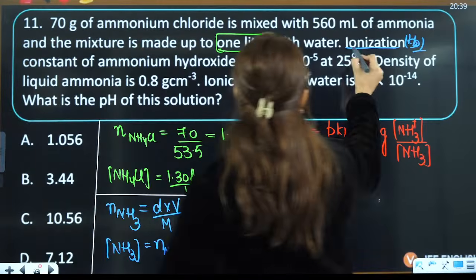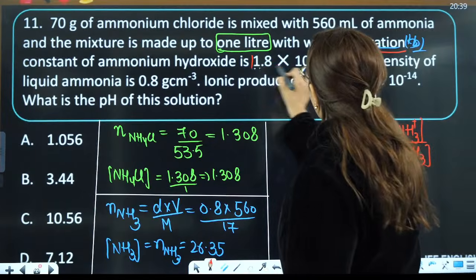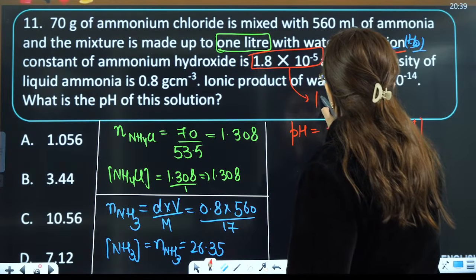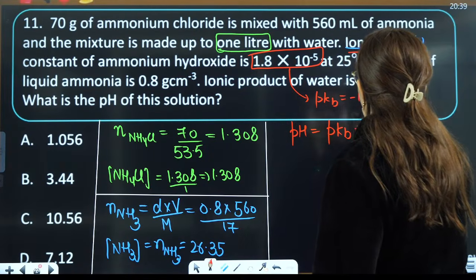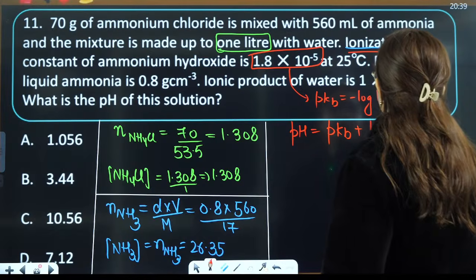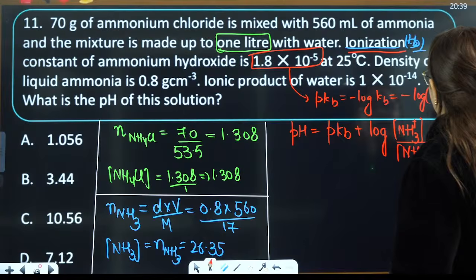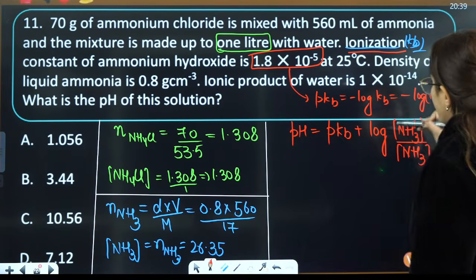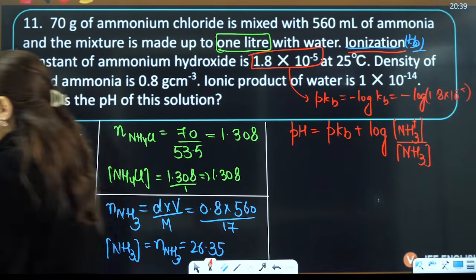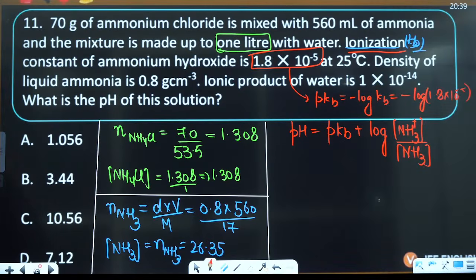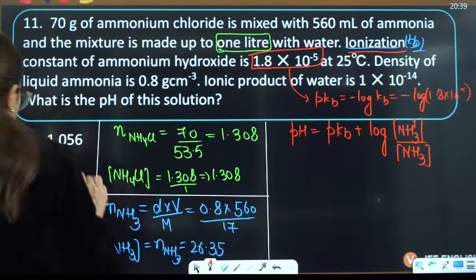See, Kb is given to you. You just have to take the pKb value here. pKb is equal to minus log of Kb, that is minus log of 1.8 into 10 raised to minus 5. You will solve this, put all the values here and you will get your answer. Right, everybody? Do let me know if that is clear. Okay.